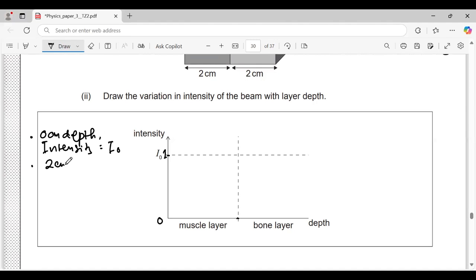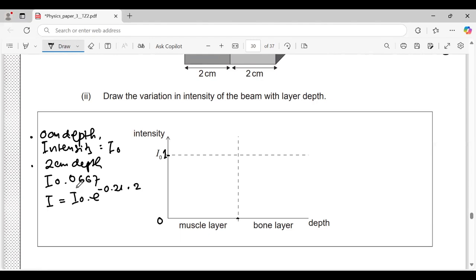When 2 centimeters depth, the intensity is I0 times 0.667. We can calculate this through I equals I0 times e power minus 0.21 times 2.